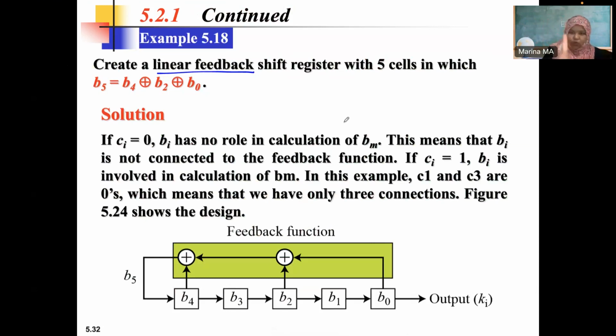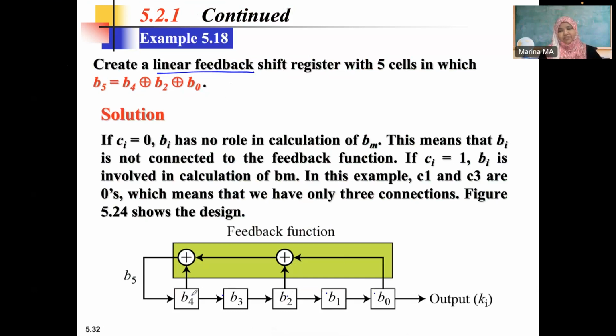In this case, it holds only 1 bit. So imagine a box that can keep either bit 1 or bit 0. That's all. We have 6 boxes because we start with B0: B0, B1, B2, B3, B4, B5. So 6 shift registers, 6 boxes that hold either bit 1 or bit 0. 1, 2, 3, 4, 5.